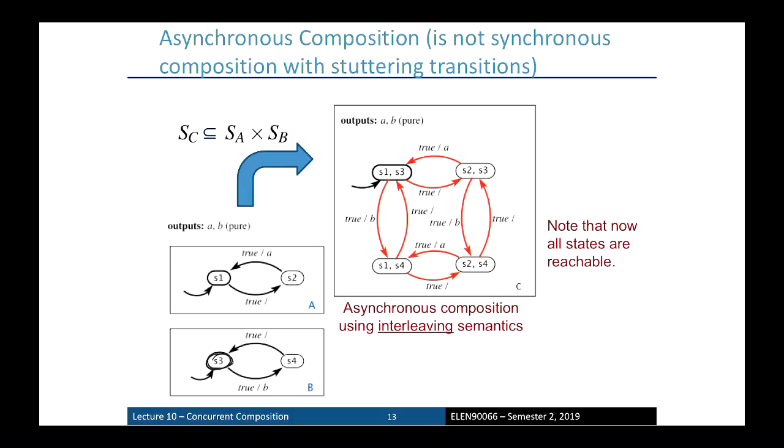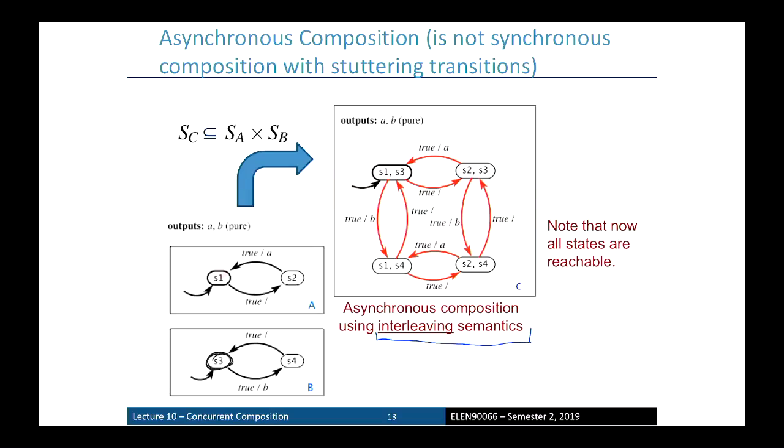Now, interleaving semantics, what does that mean? We are only allowing one or the other reaction to occur, but not to occur at the same time. That's what interleaving semantics means, okay?